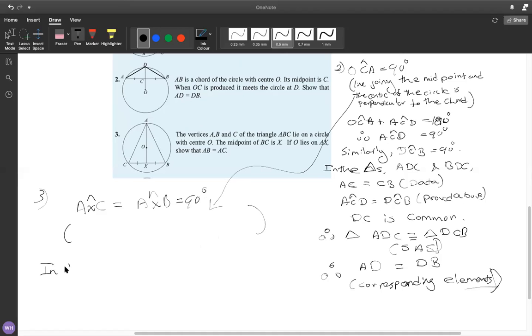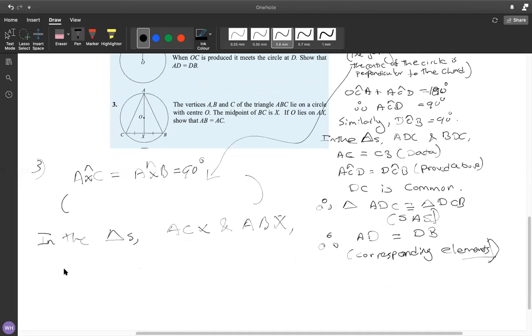So you can say in the triangles ACX and ABX, what happens? CX equals BX, it is given as data.